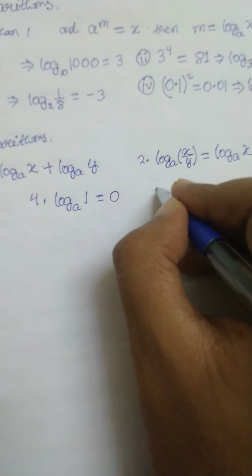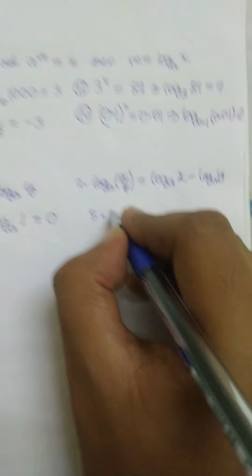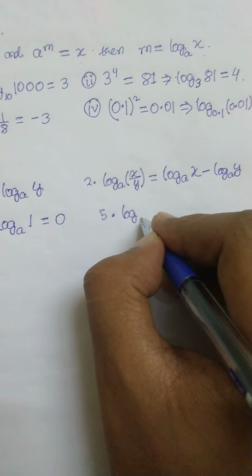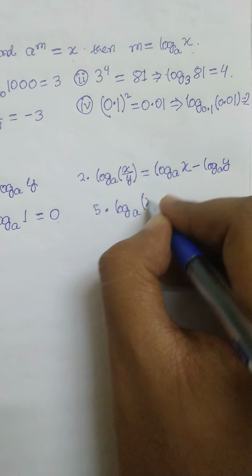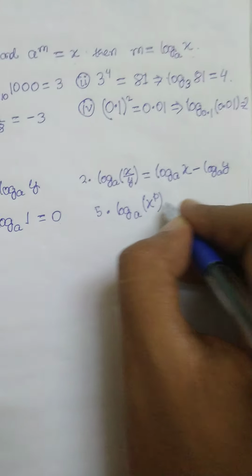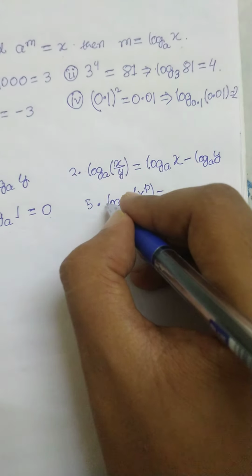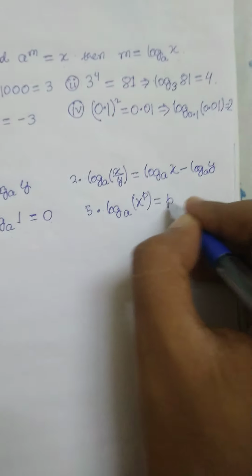Fifth property, log base a of x to the power p is equal to p log base a x, this p will be multiplied here.